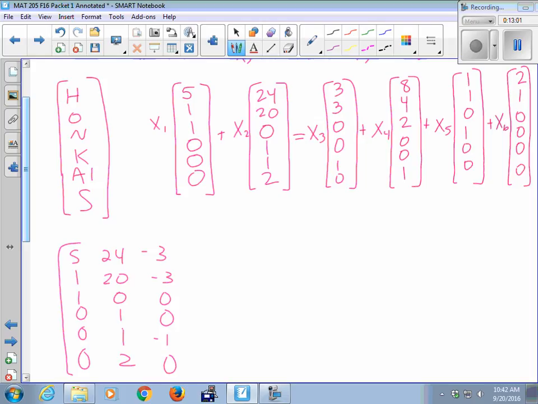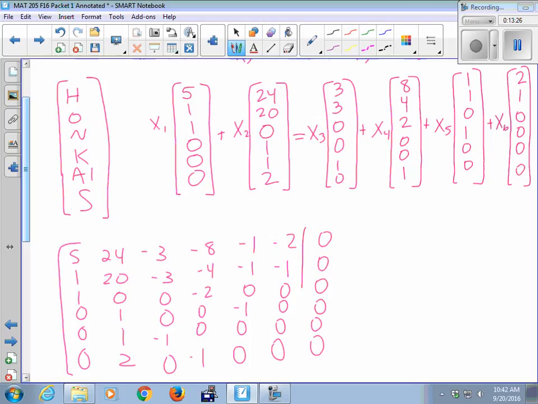All right, so then I have -8, -4, -2, 0, 0, -1, -1, -1, 0, -1, 0, 0, -2, -1, 0, 0, 0, 0. And then the other side of the equation is going to be all zeros once you move everything over. RREF.